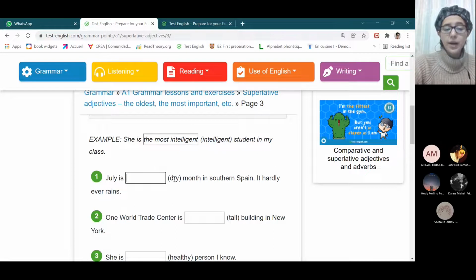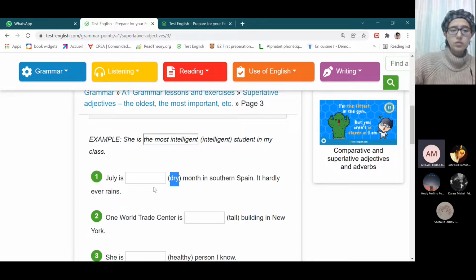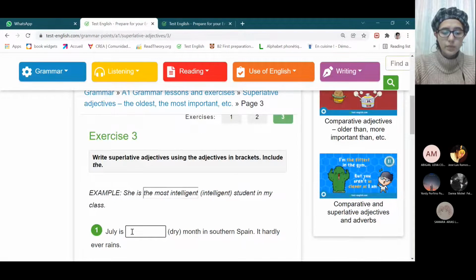Yes, so here we have the adjective dry. What happens if it ends with y? What are we going to do? Driest. Okay, so we don't forget about y. So we're going to say, the driest. Can you read the whole sentence?